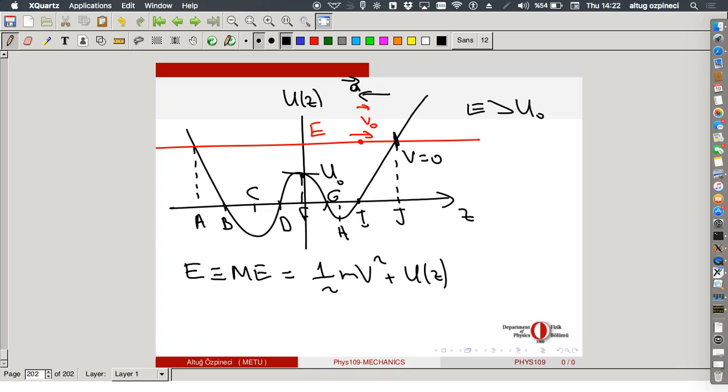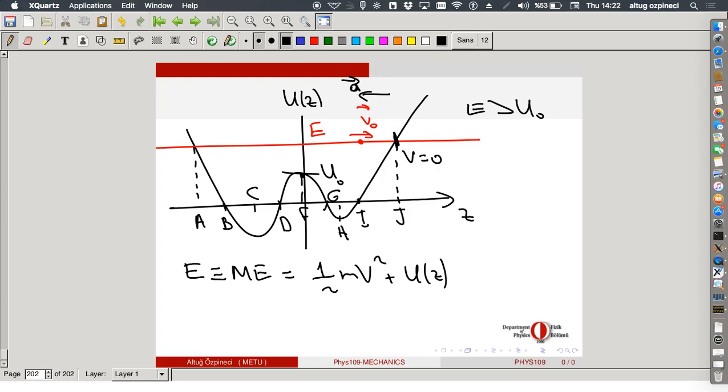Now, at that point, it starts to move in the opposite direction. It will slow down, stop, and then move the other way. Why does it start to move in the opposite direction? We will see it in a moment, but for the time being, let's just trust my word. After it stops, it will move in the other direction.